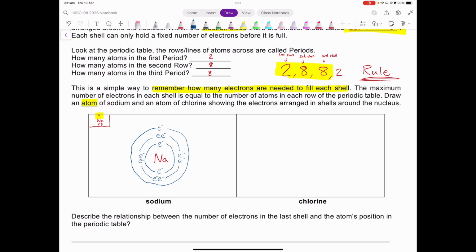Next, let's have a go at drawing chlorine together. So can everyone put their finger on 17? Number 17. And you'll see if I draw another box up the top left-hand corner, the symbol for chlorine is Cl. It is number 17, and the weight we've given you is 35.5.